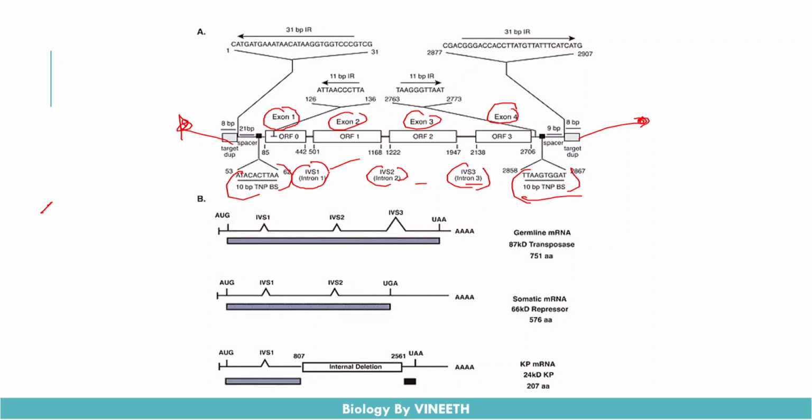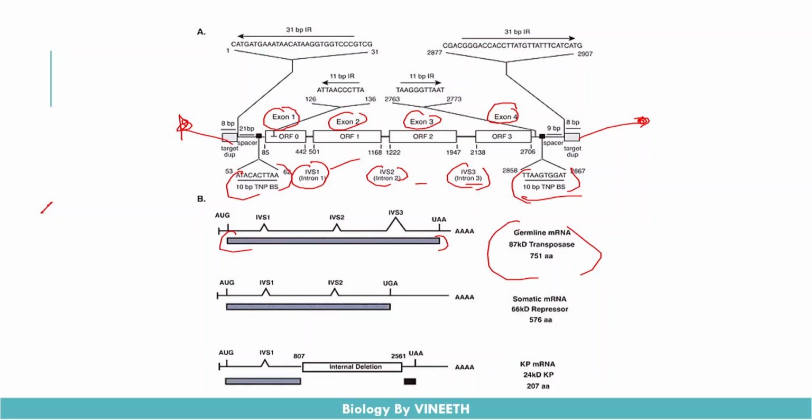The alternative splicing produces one kind of mRNA in the germline cells. That means this mRNA will contain no introns, only exons. So this germline mRNA contains only exons.